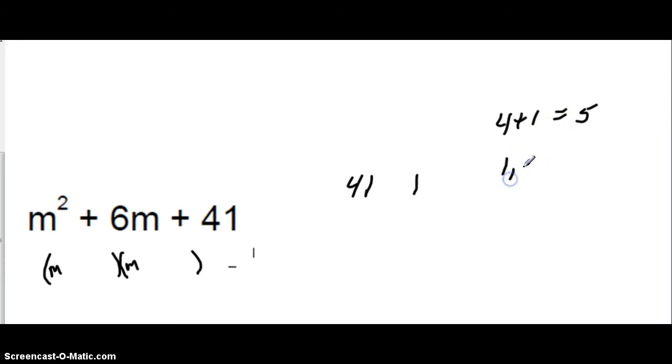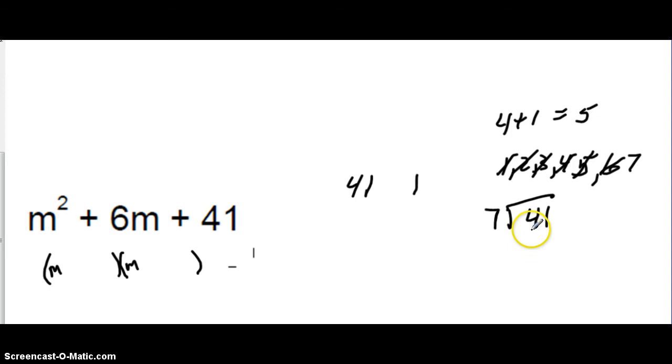So we've eliminated 1, 2, 3. 4 will not go into it because it's an odd number. 5 will not go into it because it doesn't end in 0 or 5. 6 will not go into it because it's not an even number. How about 7? 7 doesn't go into 41 evenly. 17 doesn't go in there.